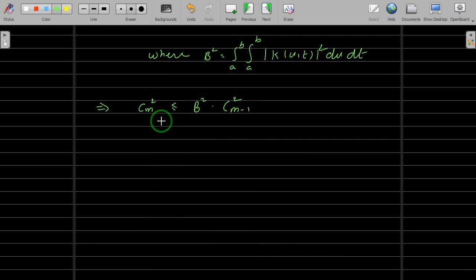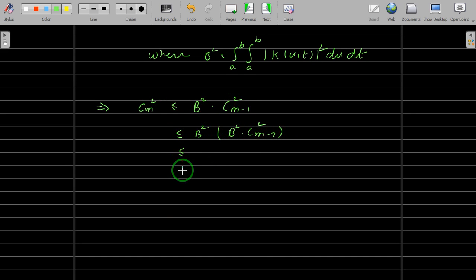Right? Now again you use the same inequality for C_{m-1}, it will be less than or equal to b square, and the C_{m-1} the whole square will be less than or equal to b square into C_{m-2} whole square.